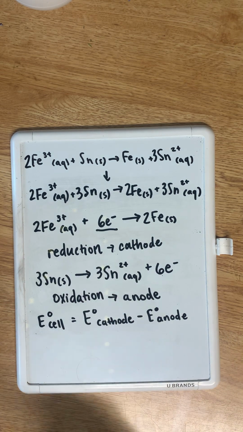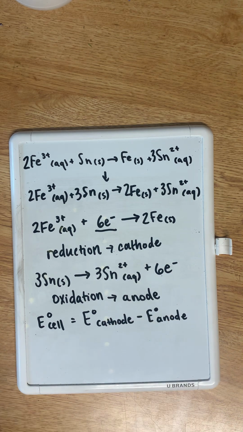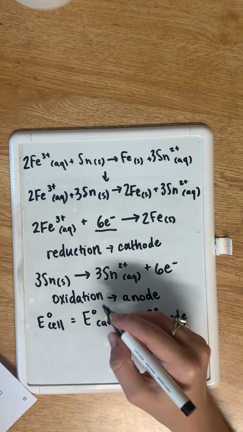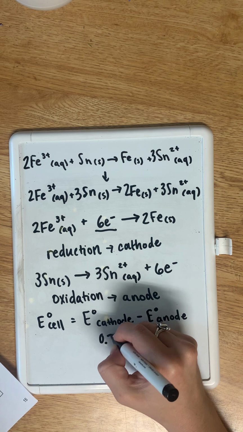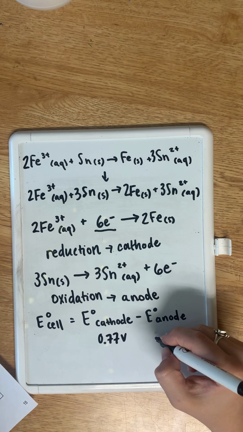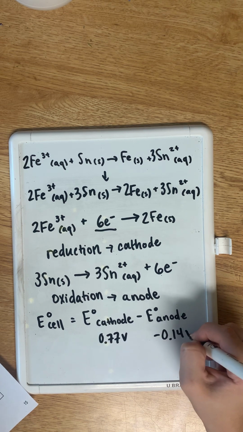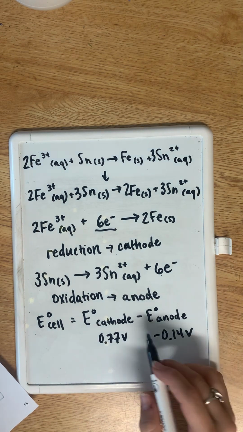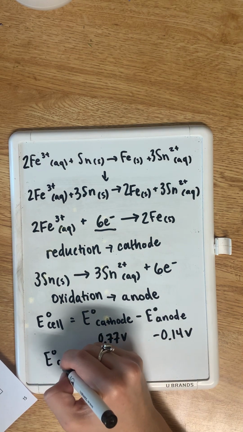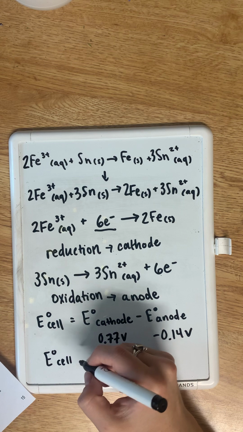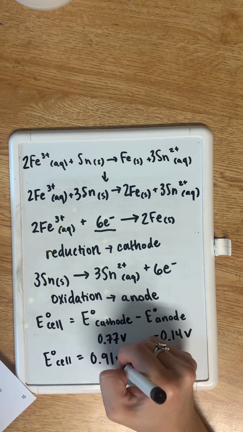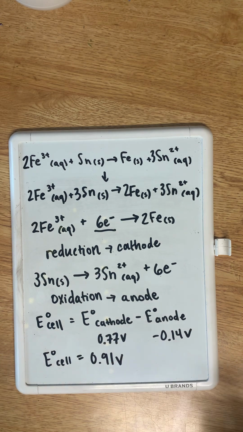And what you do when you look at that table is you get, let me check the numbers, you get 0.77 volts here, and then you get negative 0.14 volts. Awesome, and since we're subtracting a negative, we're actually just adding these two together. So we get the final potential to equal 0.91 volts. And that's the end of the problem.